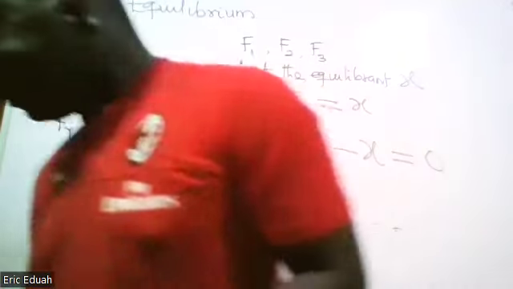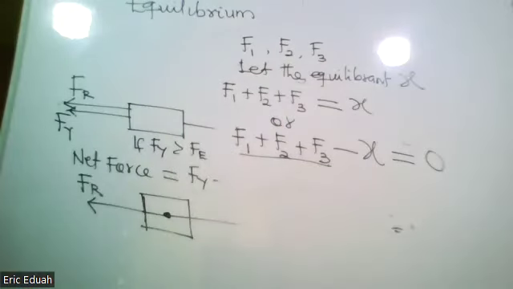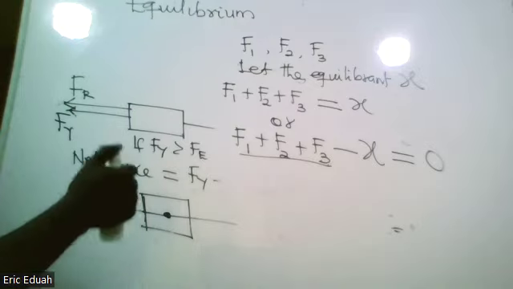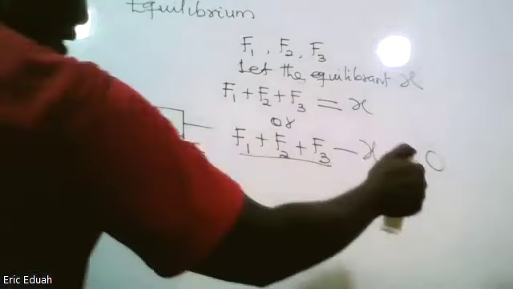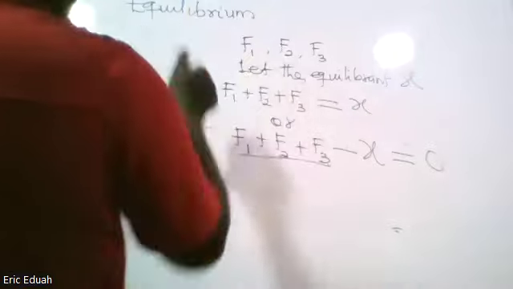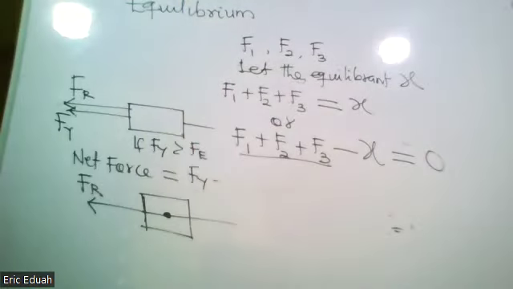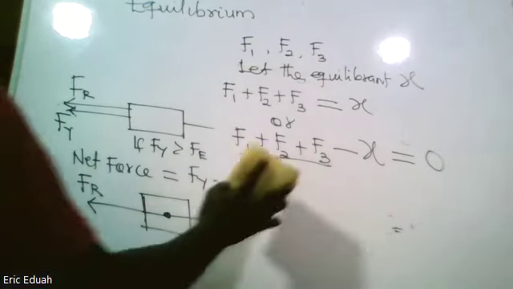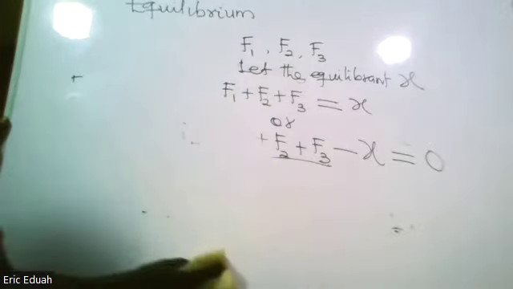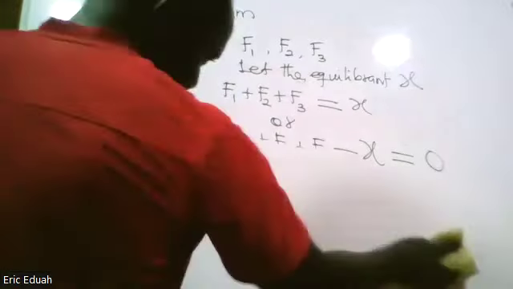Okay. So we are looking for the equilibrant. And the equilibrant is that single force which will cause the net force on the body to be 0. So when you add the equilibrant, the net force must be 0.